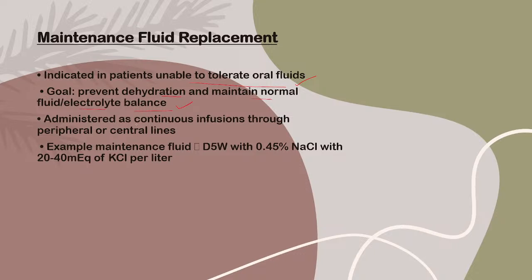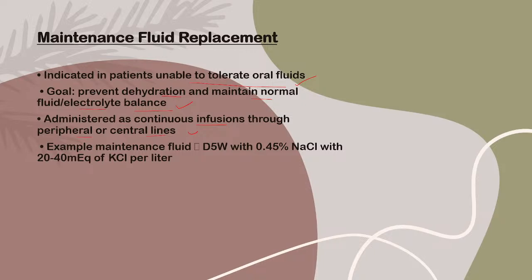This maintenance fluid is administered as a continuous infusion through peripheral or central lines, depending upon the patient's disease condition and the demand of the body. The rate of infusion is set.